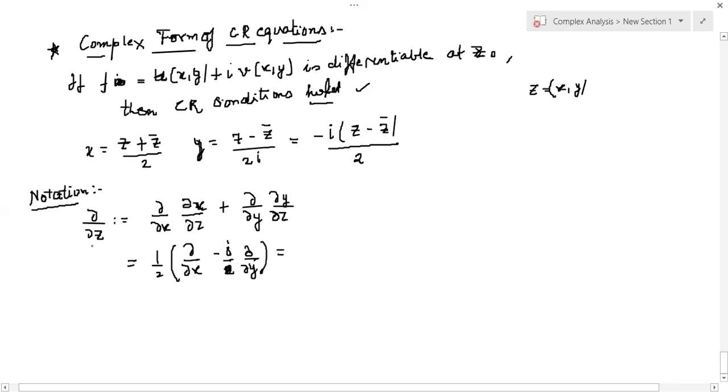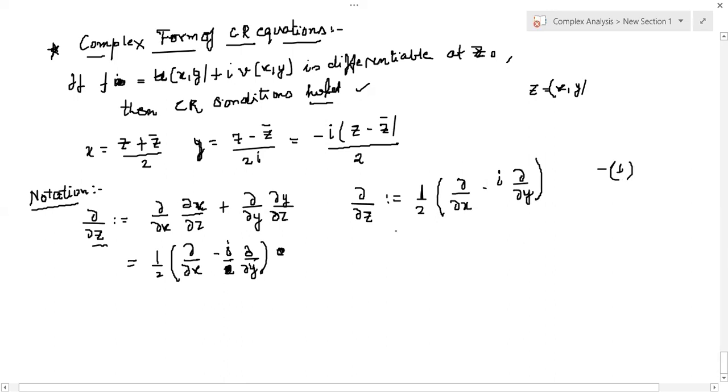So overall, this differential operator del by del z is equal to 1 upon 2 into del by del x minus iota del by del y. Okay, so this is one.